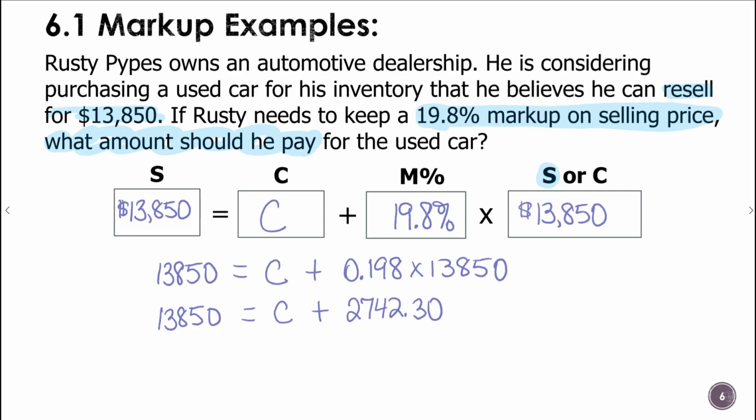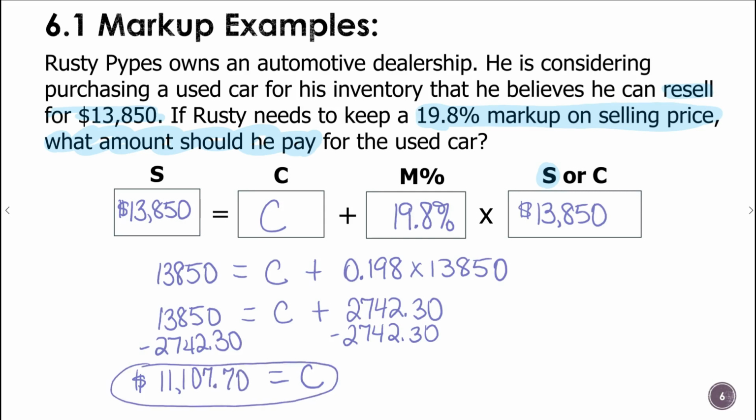To solve for C, I subtract. And I find my cost then. And my cost is $11,107.70.